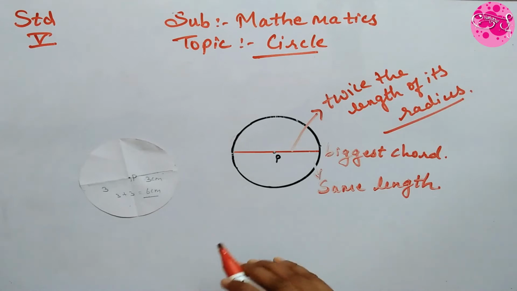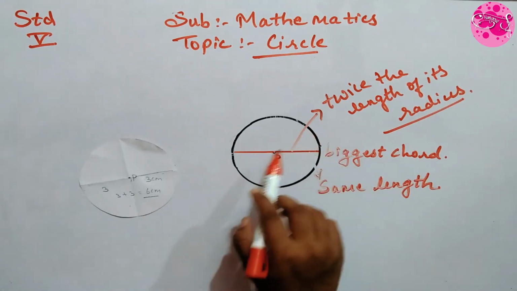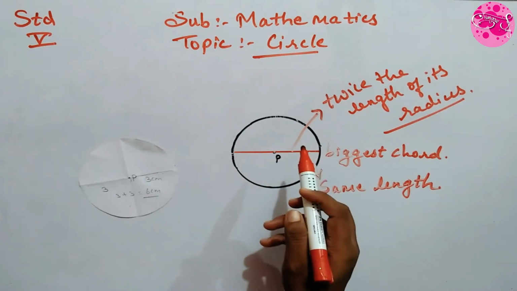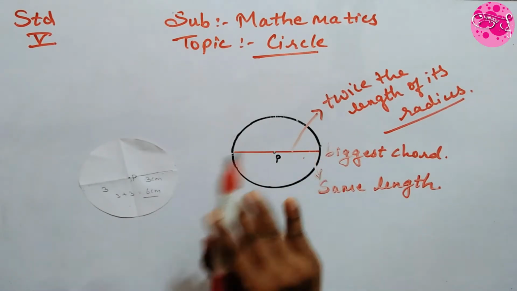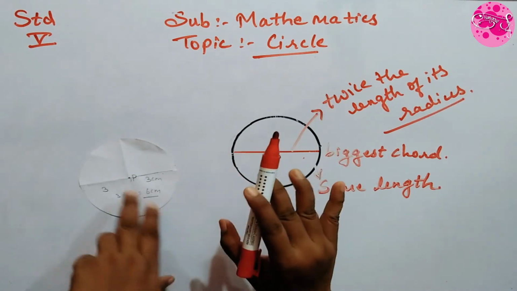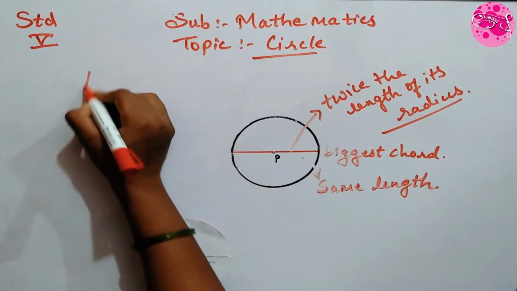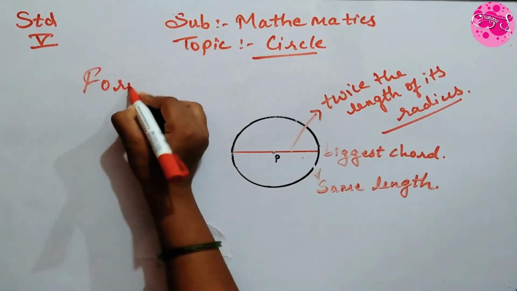Okay. Now suppose if someone tells you to find out the radius and diameter, then what will you do? Don't worry children, I just wanted to give you the two formulas to find the radius and diameter.